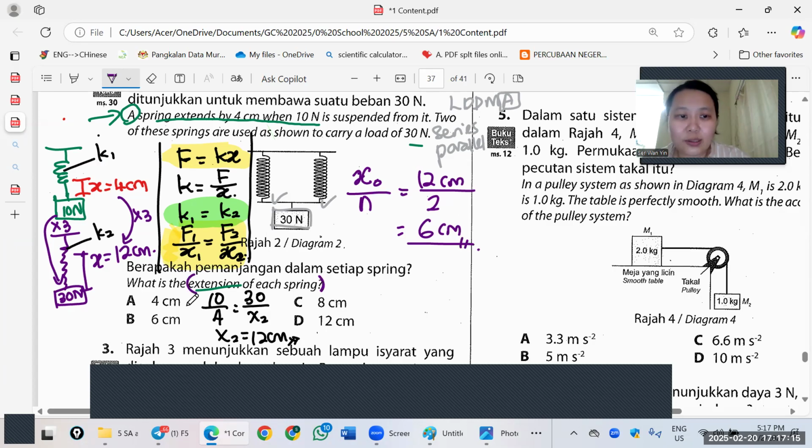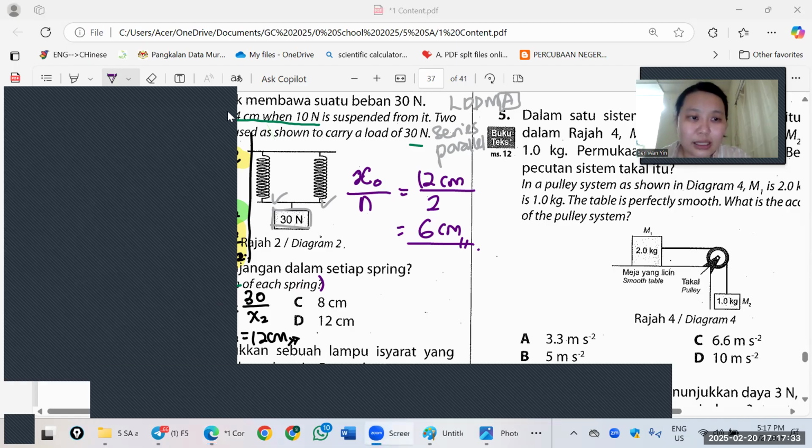So the extension of the spring is 6 cm. And you must read the question properly: if they ask for the length of the spring, you must add the original length.